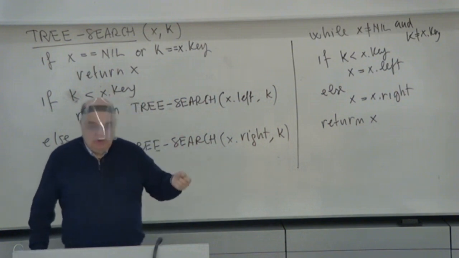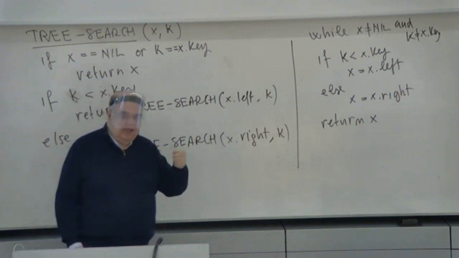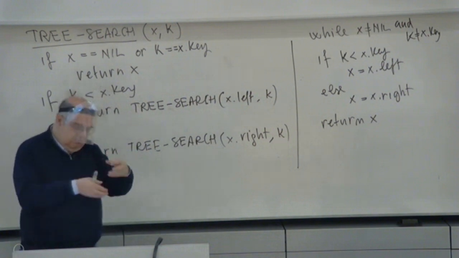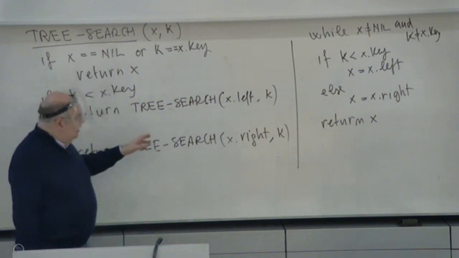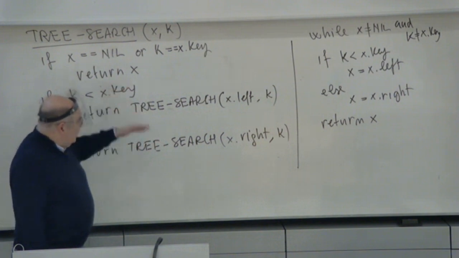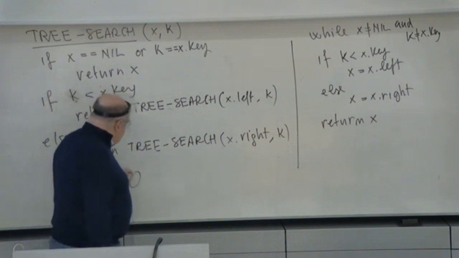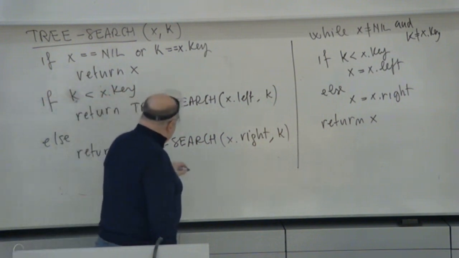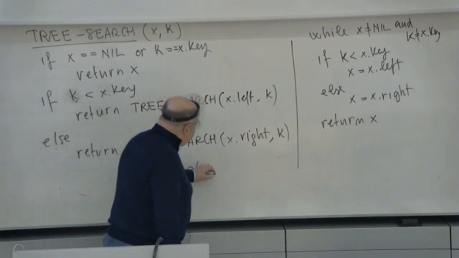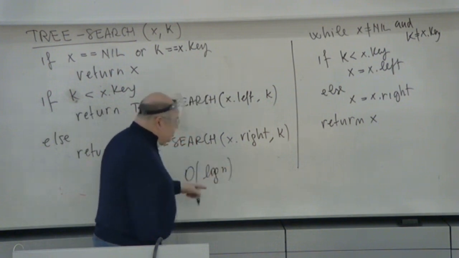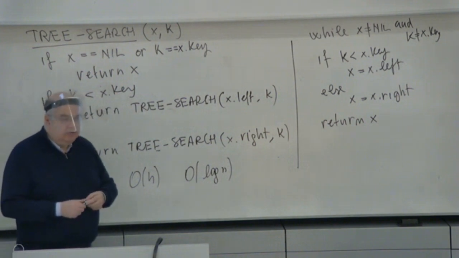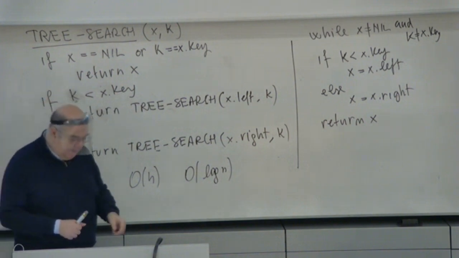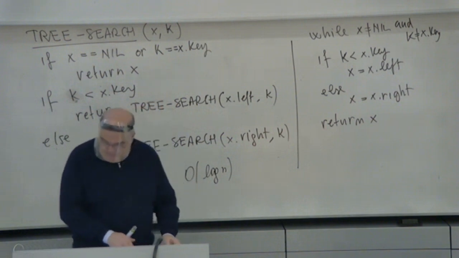As I said, usually you try to keep the binary search tree balanced, so that big O of h is kind of big O of log n, which is true for complete binary trees, but not necessarily true for binary search trees. It depends on the structure.